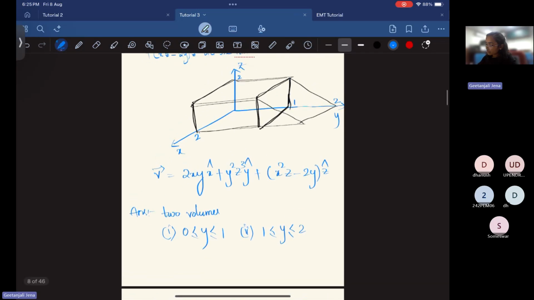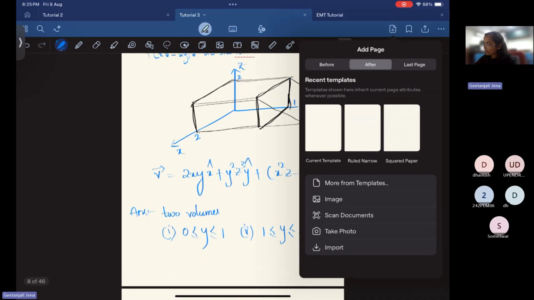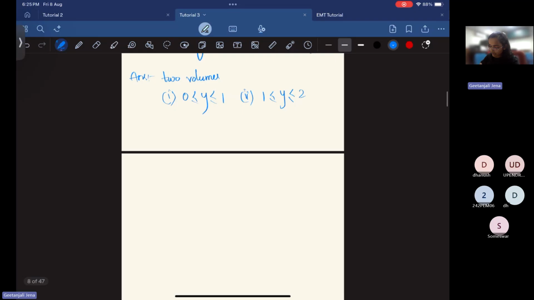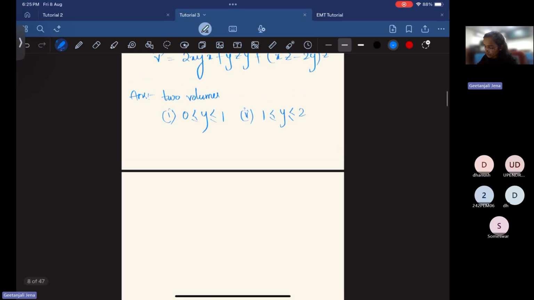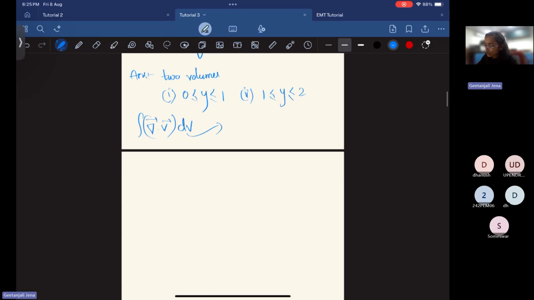So finding it for the cube is easy, right? You can easily just put the formula for the volume. So the integral of divergence of v dv, and dv for this cube is dx dy dz.